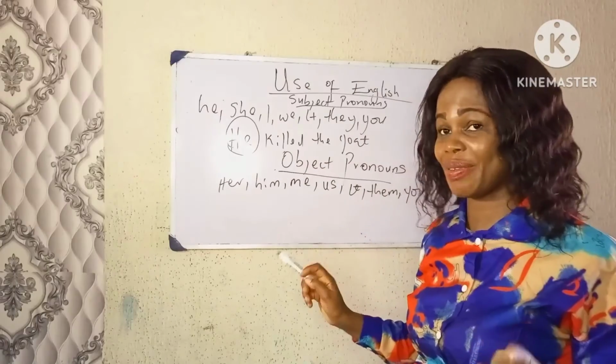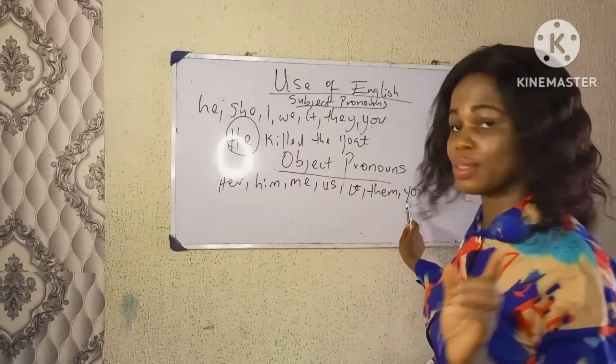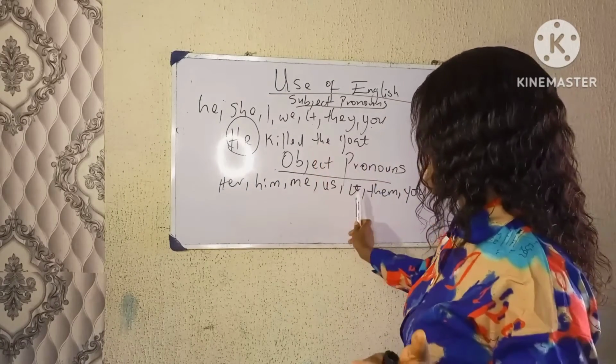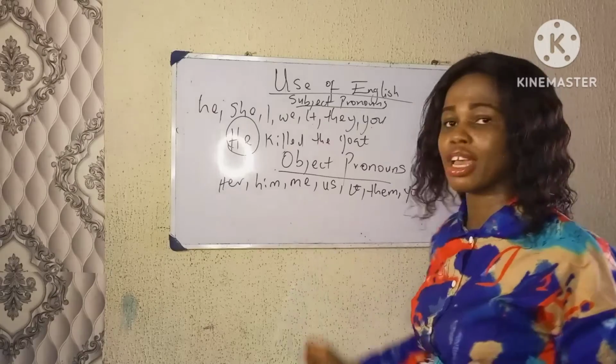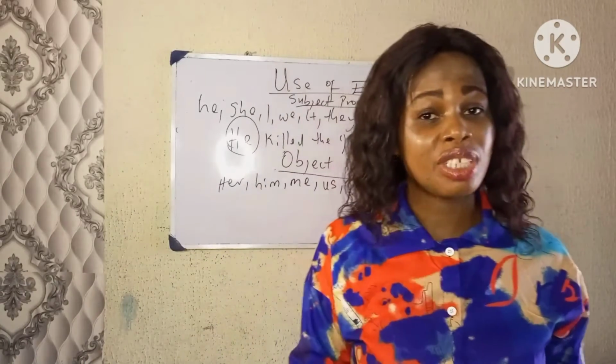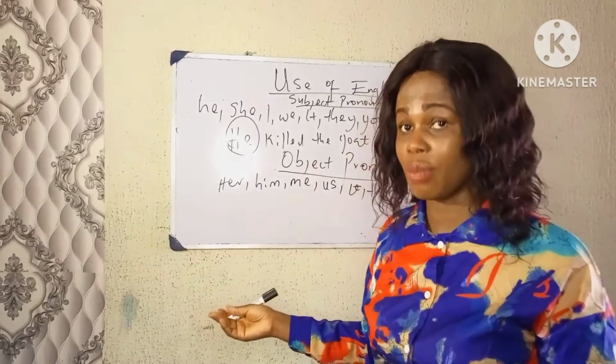Okay, if you notice something, in the subject pronouns we have you, and in object pronouns we have you. In the subject pronouns we have it, and in the object pronouns we have it. So these two pronouns can function as the subject and can also function as the object of a verb, but others do not function the same way.